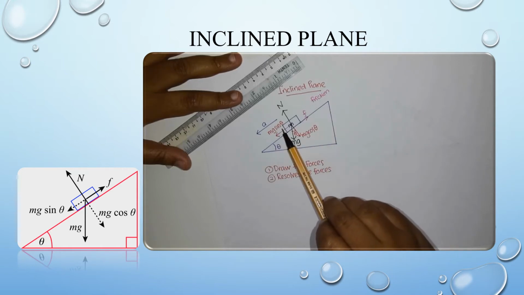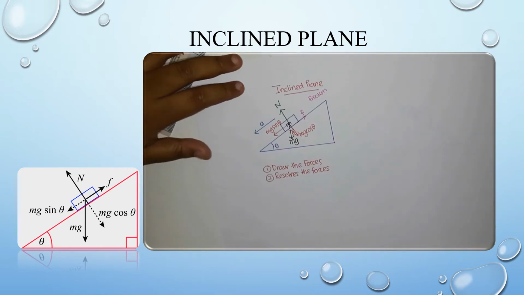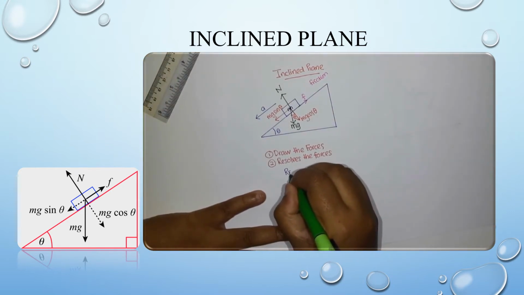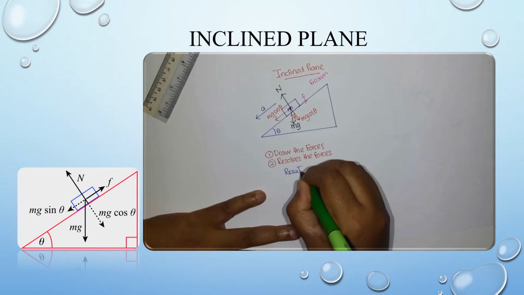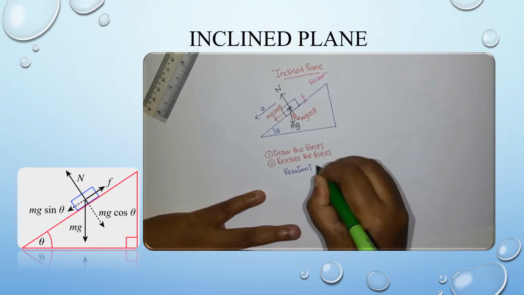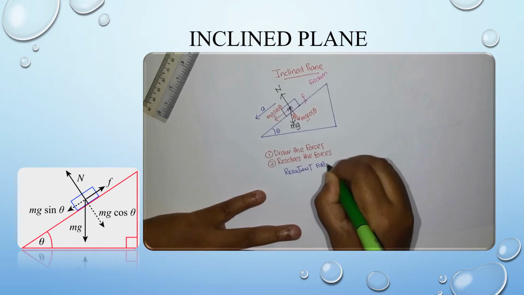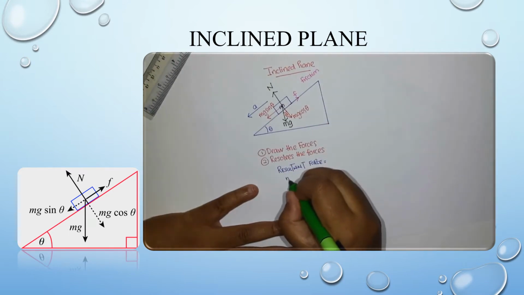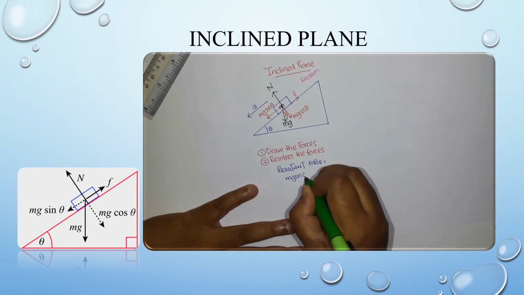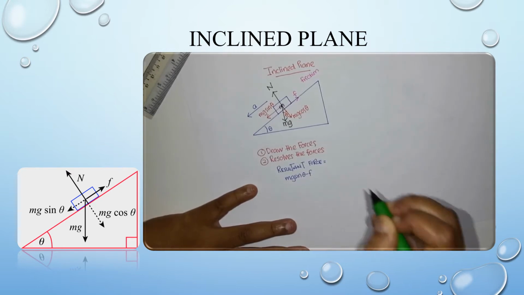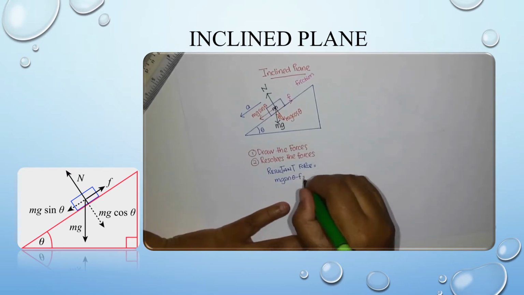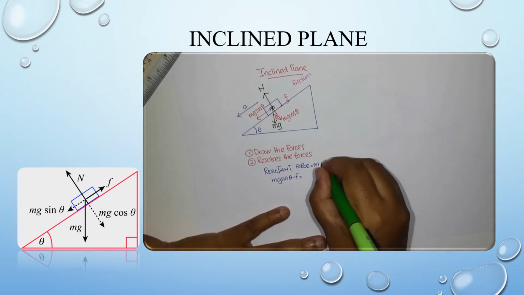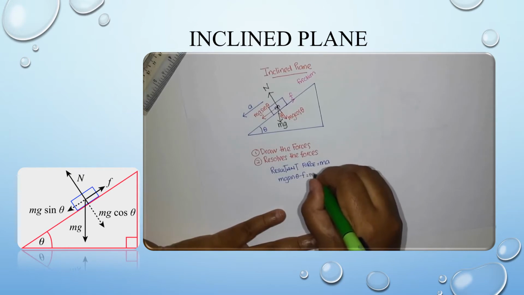So you find the resultant force. In this case it is mg sin theta minus F, which is the friction, equals to, according to Newton's second law, ma.